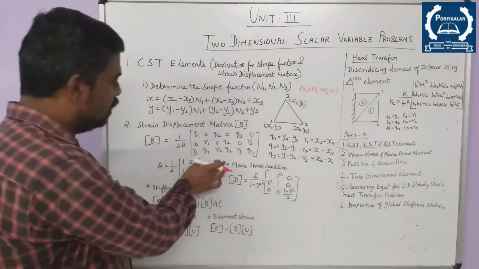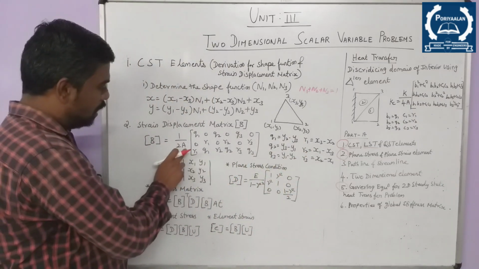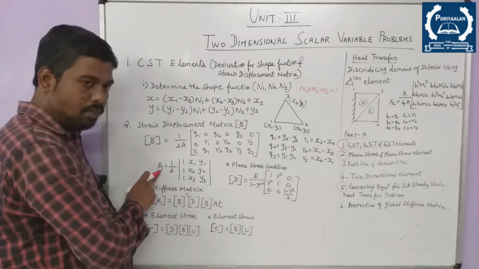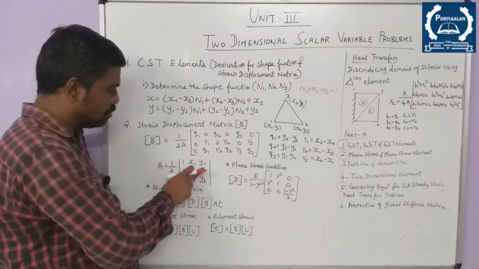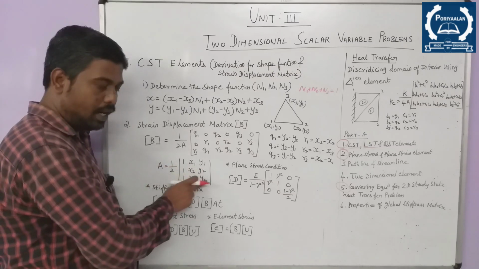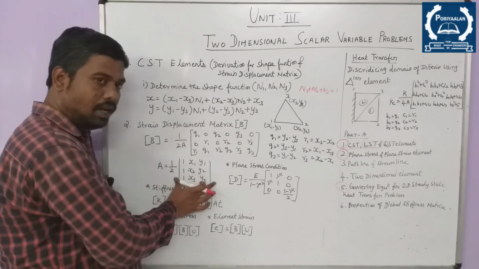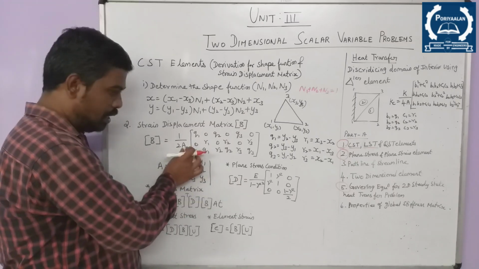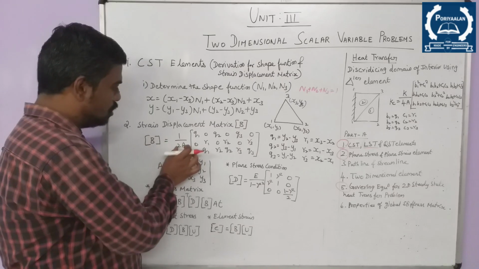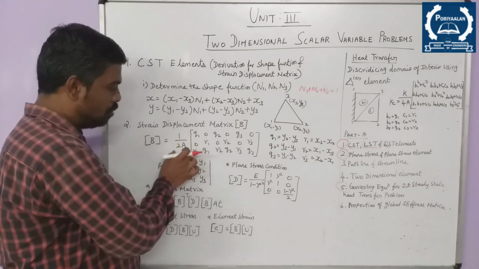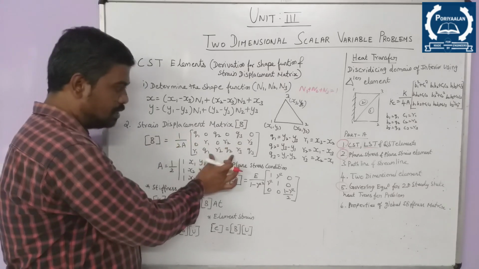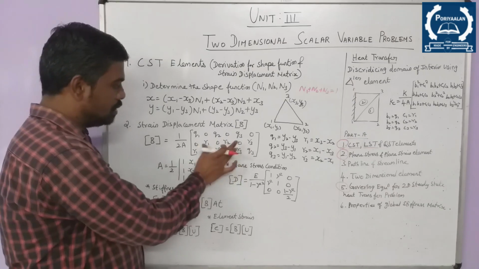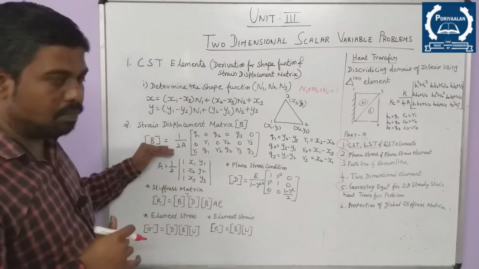Substitute in this equation and find the area. The formula for A is 1 by 2 times the determinant of 1 x1 y1, 1 x2 y2, 1 x3 y3. Determine the area, substitute it, take one rounded value and keep it as it is in the matrix equation. You have to stop up to this.